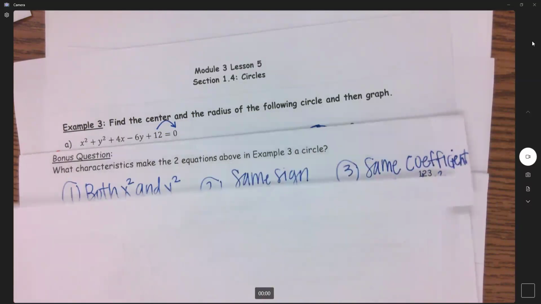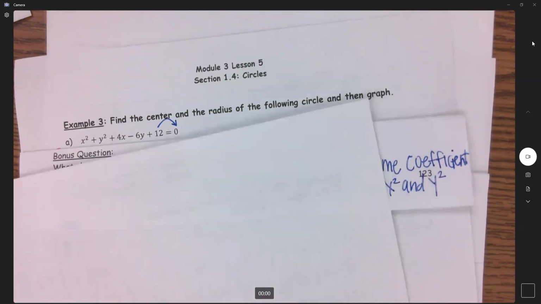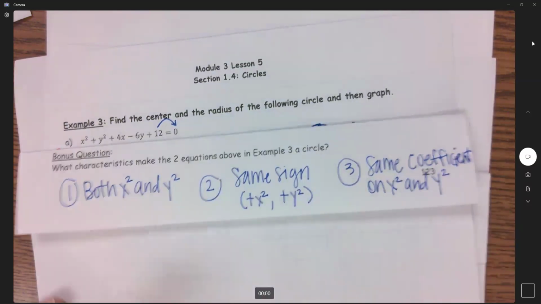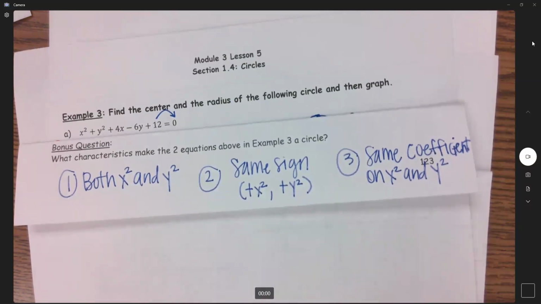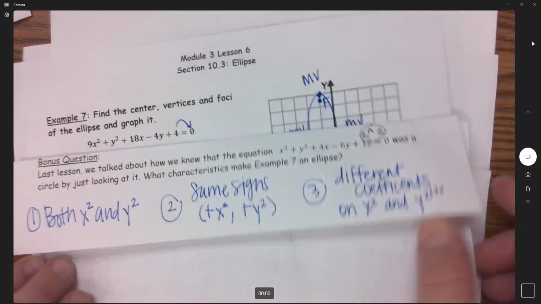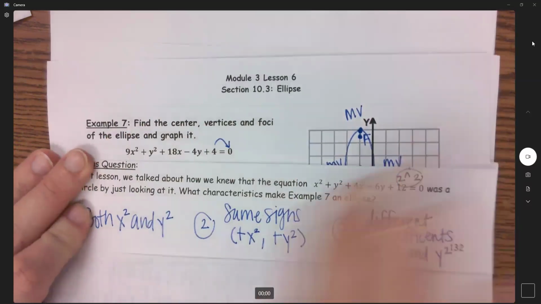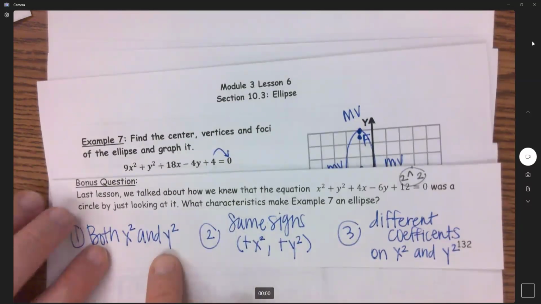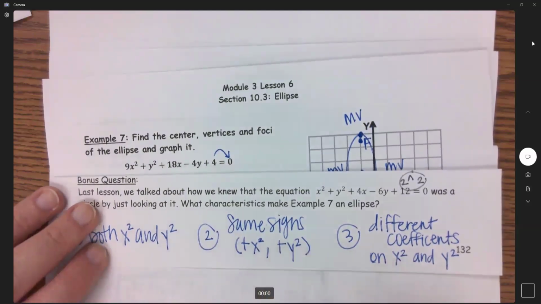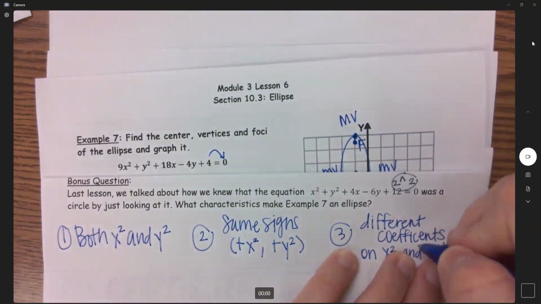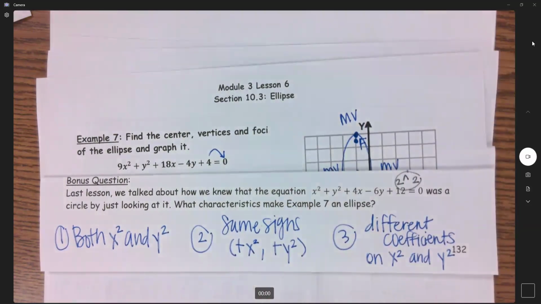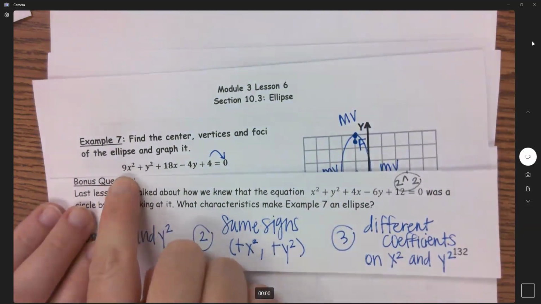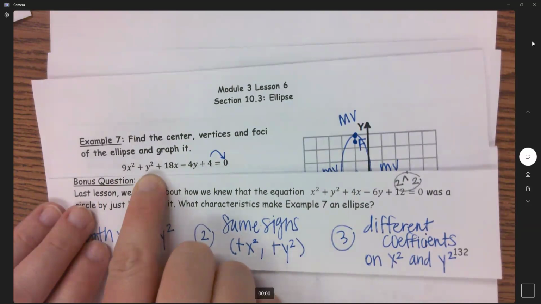If I was more prepared, I would already have this done. So bear with me. Okay, then we know that this one here was an ellipse because they were both x and y squared, still both same signs, but now different coefficients. We had a 9 and a 1.